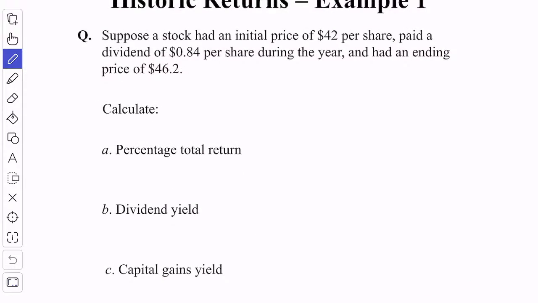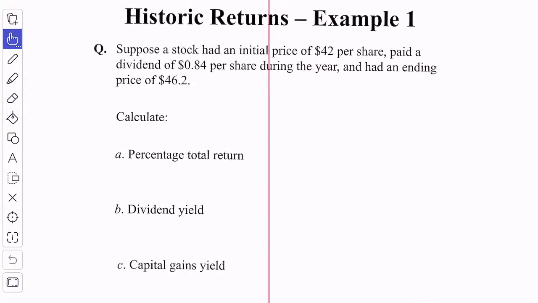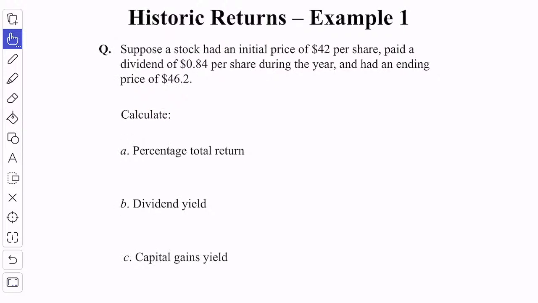Okay, let's apply what we learned to this exercise. I'll give you a moment to try that and tell me the answers to those questions.